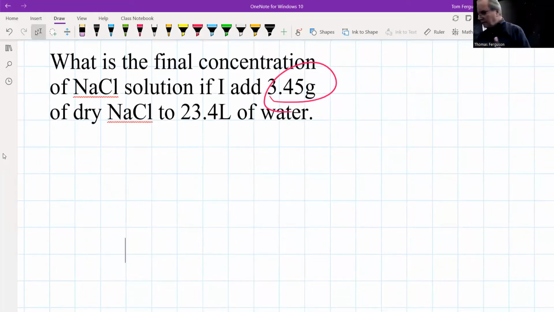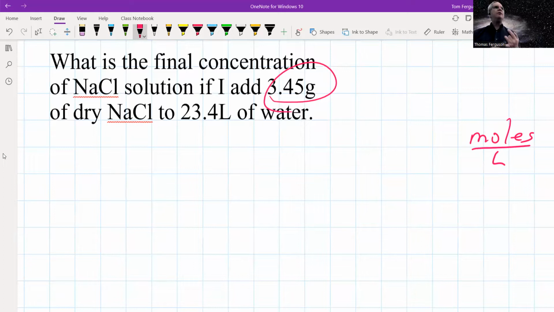So here we would start with, remember we want to end up with moles per liter. So the first thing we need to do is convert that 3.45 grams into moles.